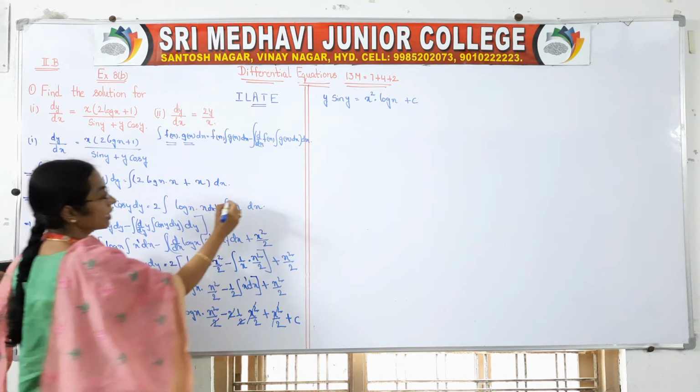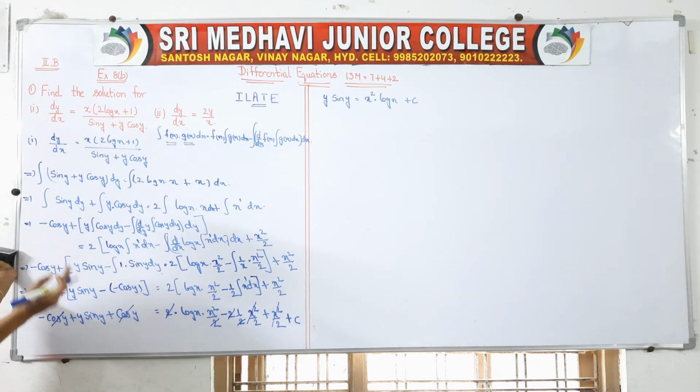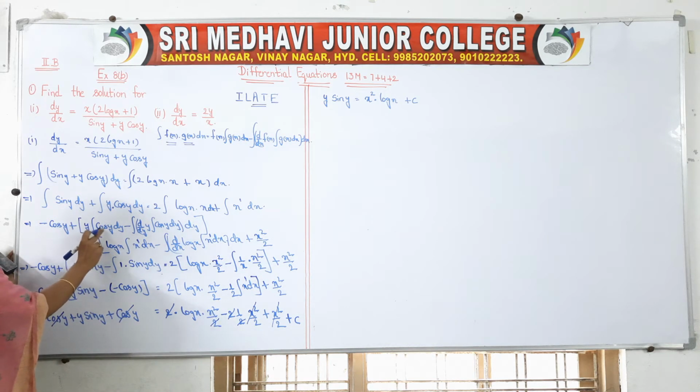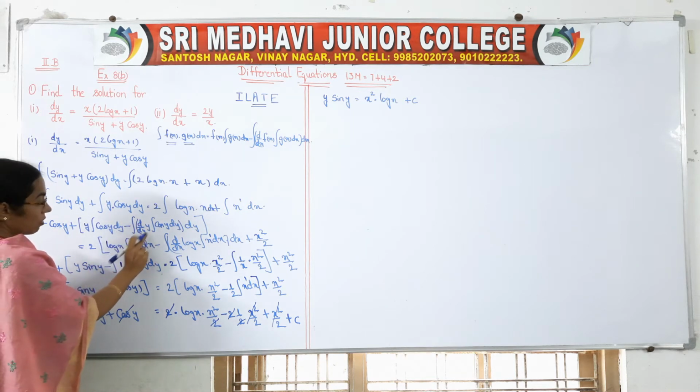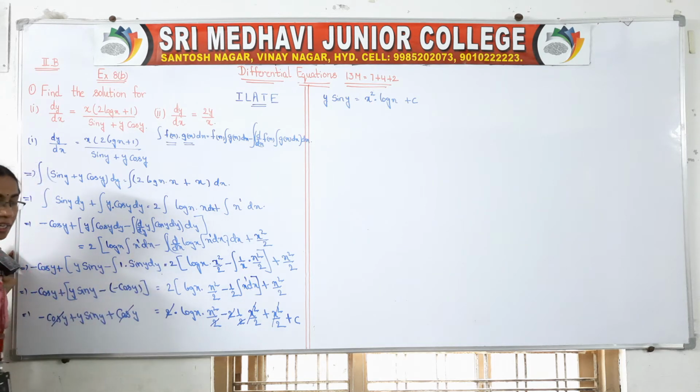Integral x to the power of 1, x means we can take x to the power of 1, so it is x to the power of n plus 1 by n plus 1, x square by 2. Then here integral cos y is sin y, and d by dy of y is 1, and integral cos y is sin y dy.